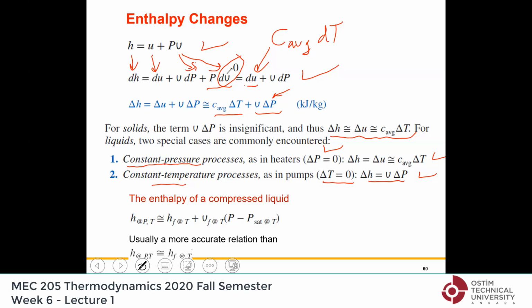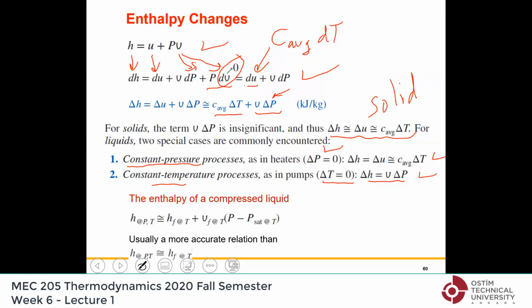In the special case of incompressible substances, if you have a solid, to summarize, delta H, delta U are the same, and it is C delta T. If you have a liquid, okay, you look at the process.